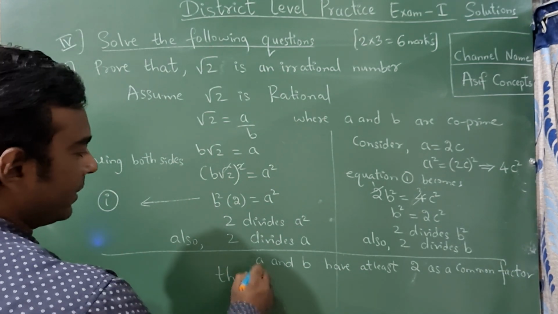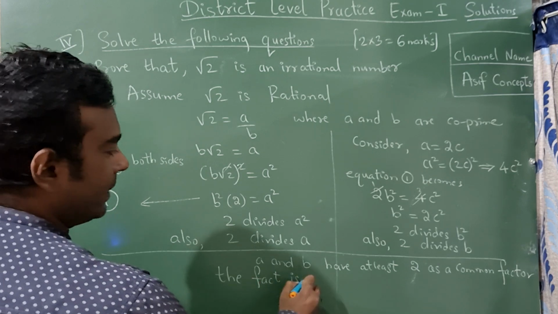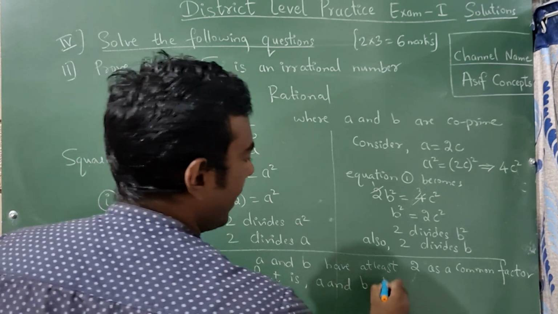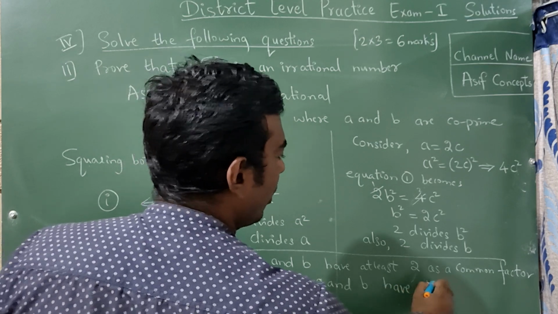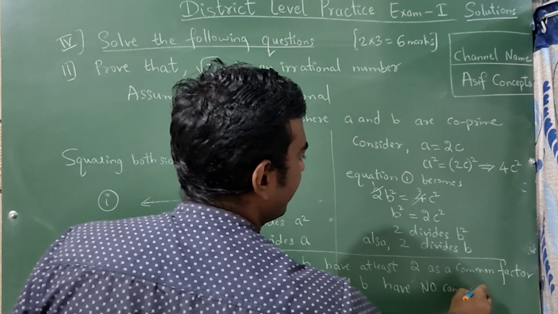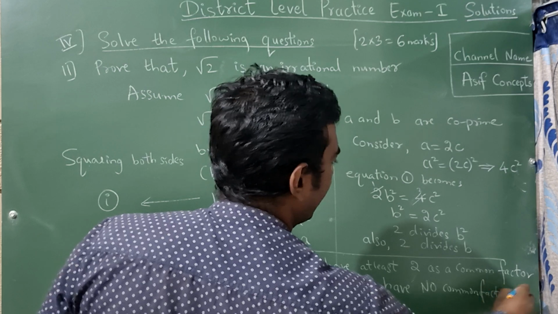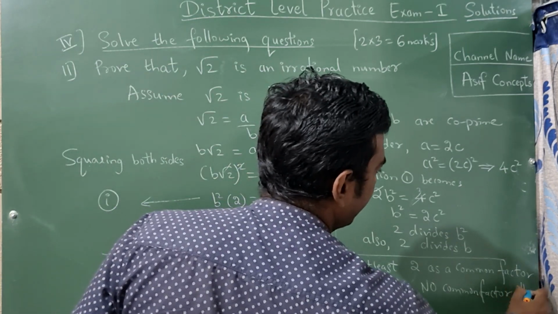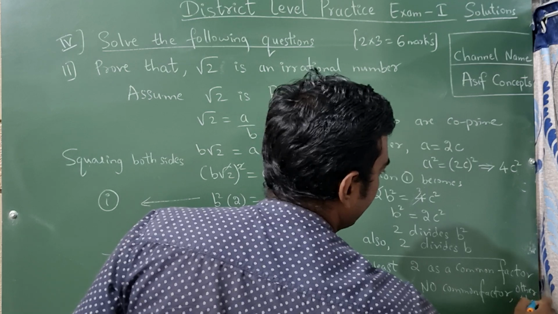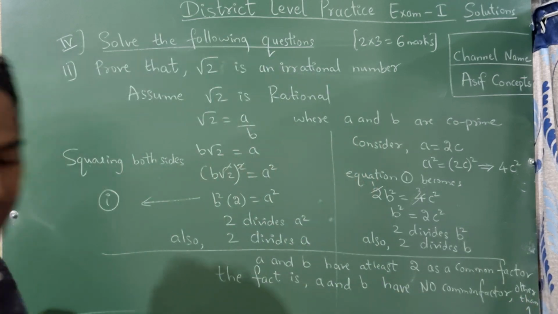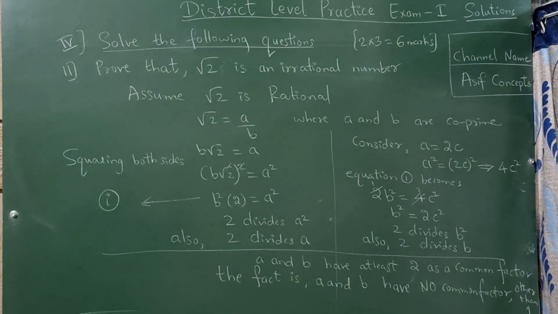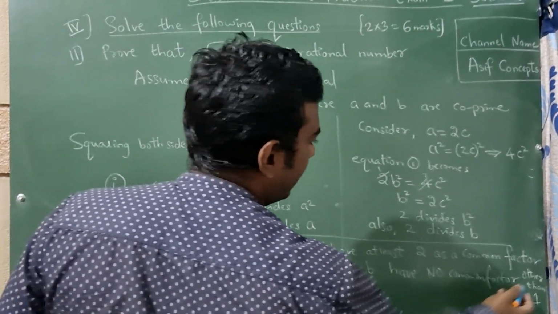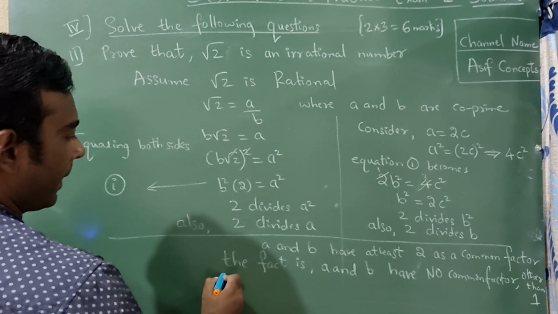But the fact is A and B have no common factor other than 1. Now A and B have no common factor other than 1.